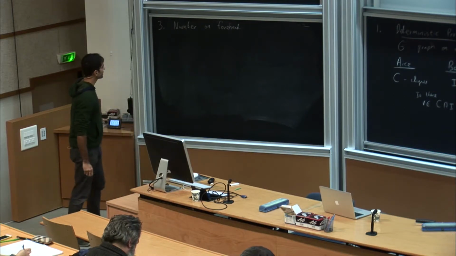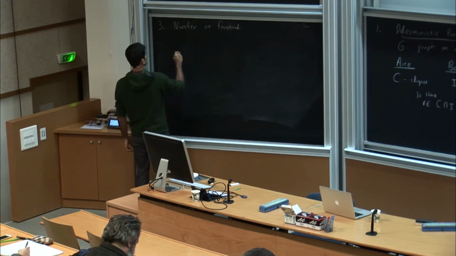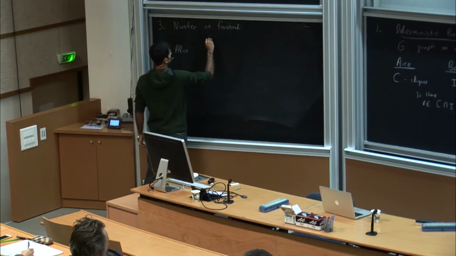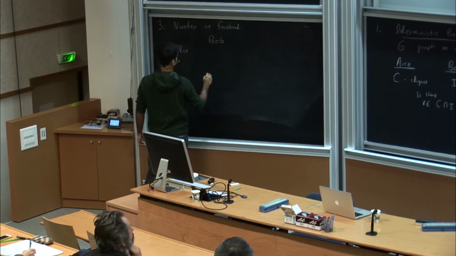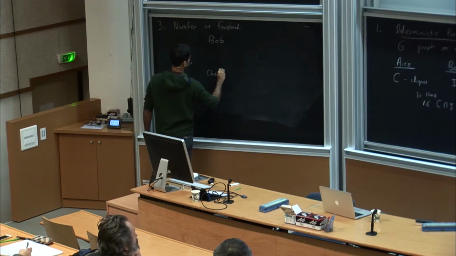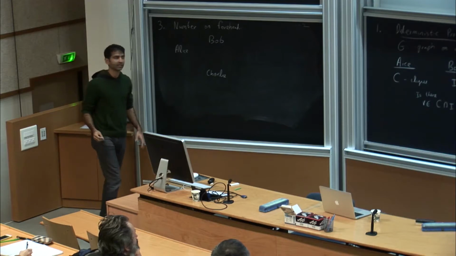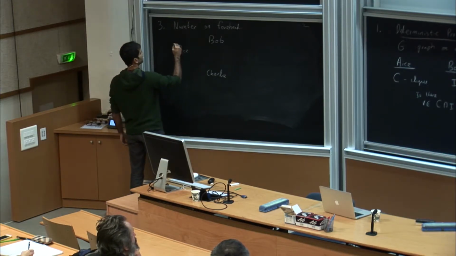So let me give you an example. Imagine that you have Alice, Bob, and Charlie. And each of them has a number, an input, from 1 to n.